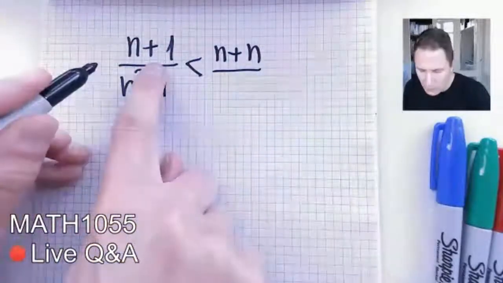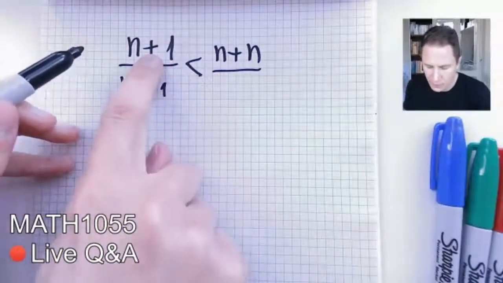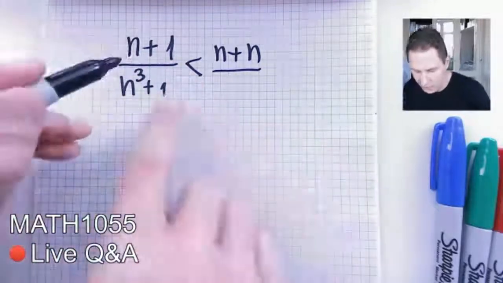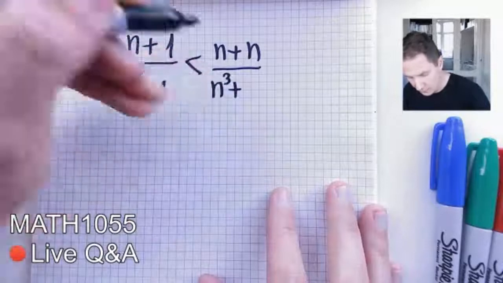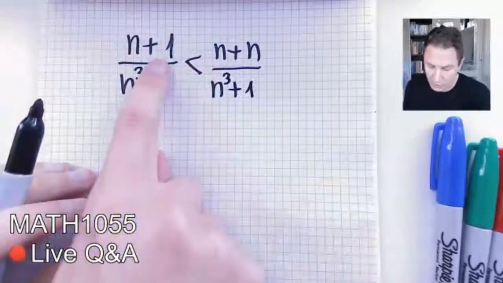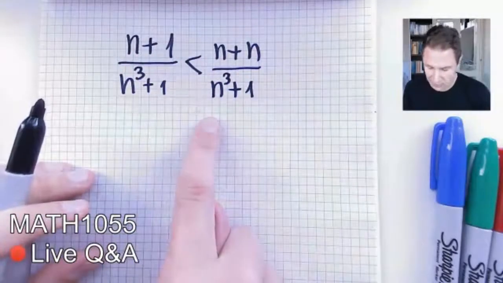Not dropping this term, because if we just drop the plus 1, we get something that is smaller, but adding n instead will definitely give us a greater number.